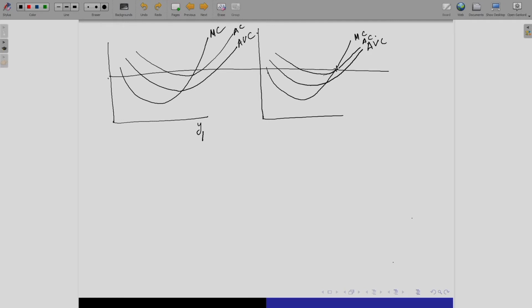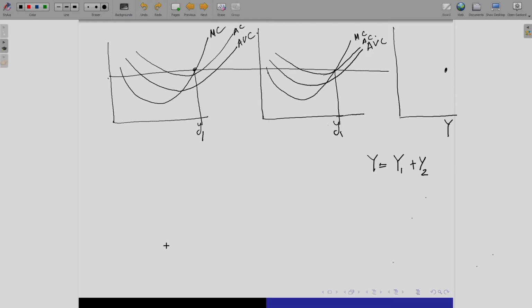So the optimal output for this firm is here, and here this is Y2, and the capital output Y is given by this point, where this is the sum of this output and this output.